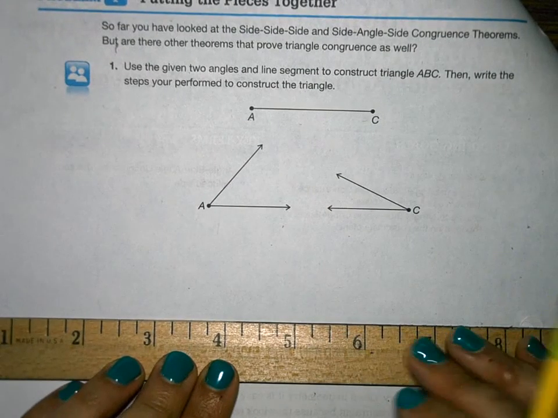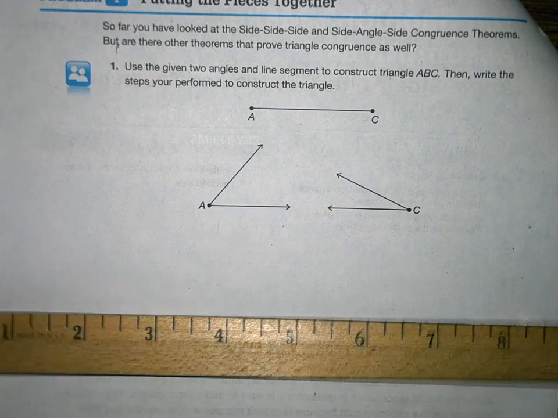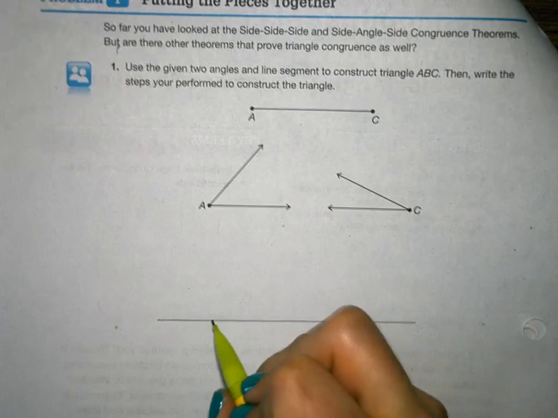So the way we're going to do this, we're going to start by constructing our starter line. And we're first going to construct segment AC.